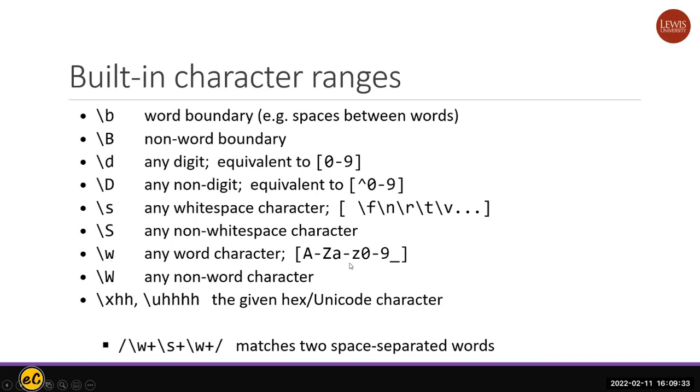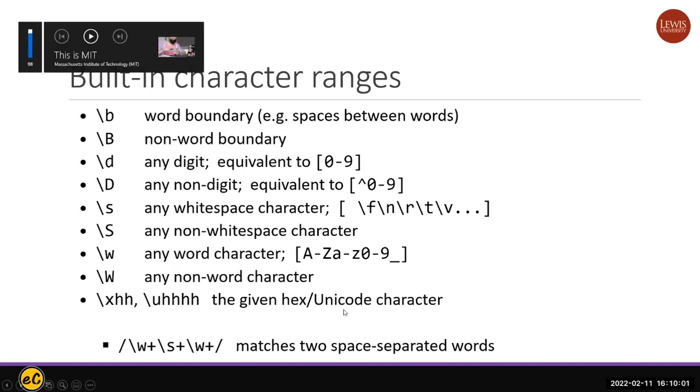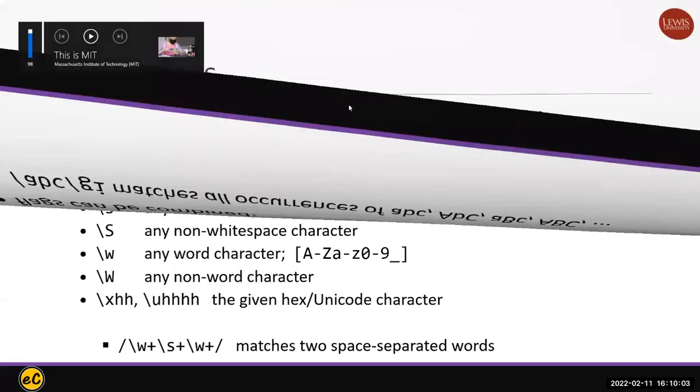Backslash w is any letter, digit or underline, so this w means ID words, and capital W means non-ID words, so it can be a punctuation mark or any symbol. And you can also use backslash u for Unicode, for the use of other languages.